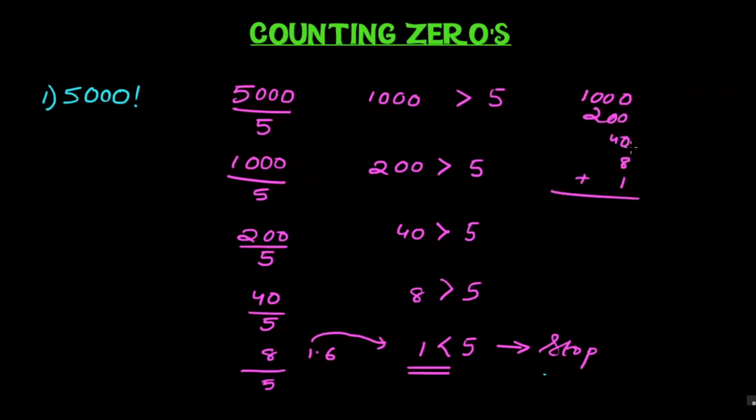We'll add all of these together, and here we get 1249. So these are the number of zeros that will be at the end of 5000 factorial. When you do 5000 factorial, the number of zeros at the trailing end of the result is going to be 1249 zeros.